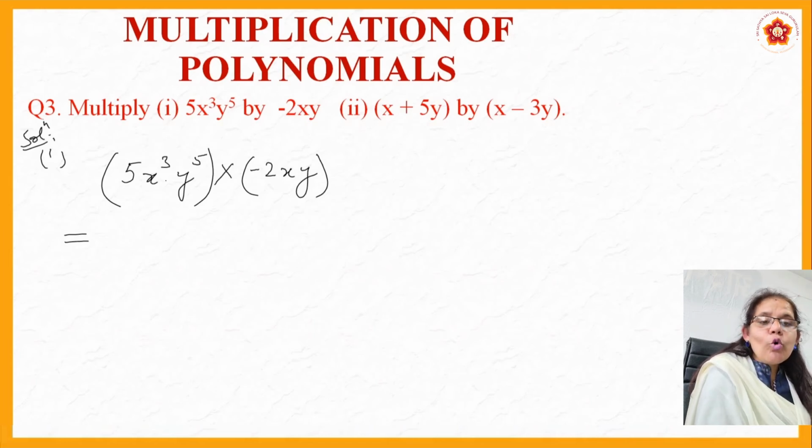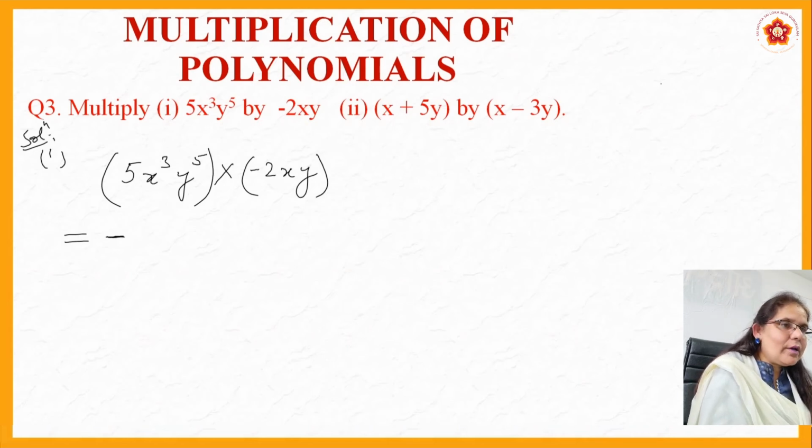If I ask you, what is 2 multiplied by 2? Answer is 4. If I ask you, what is 2 multiplied by minus 2? I am sure you all know the answer. It is minus 4. If one is plus, other is minus, answer will be minus.